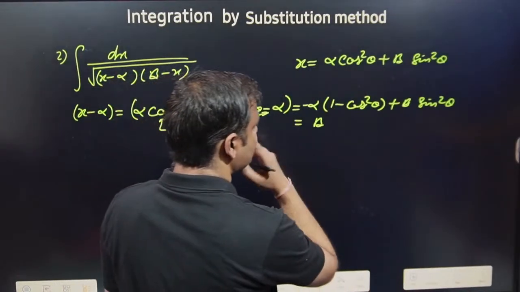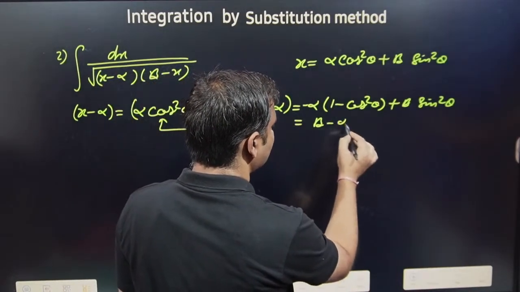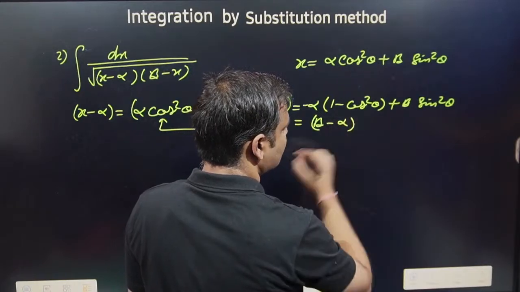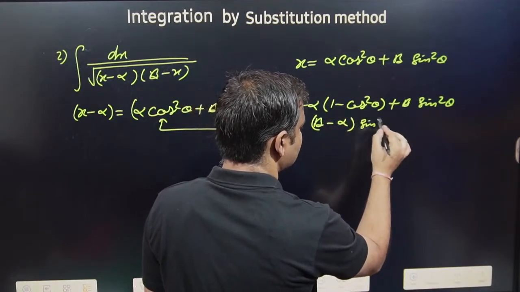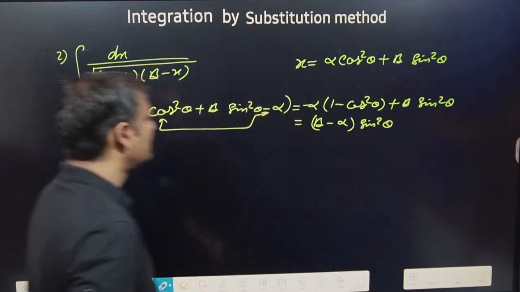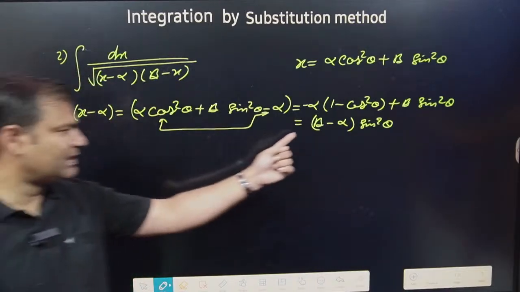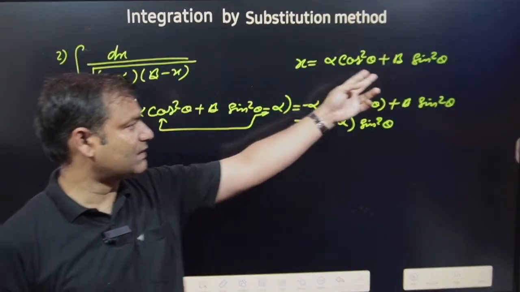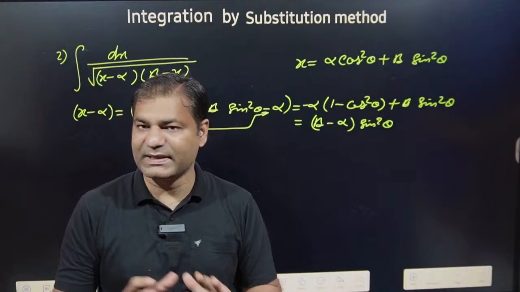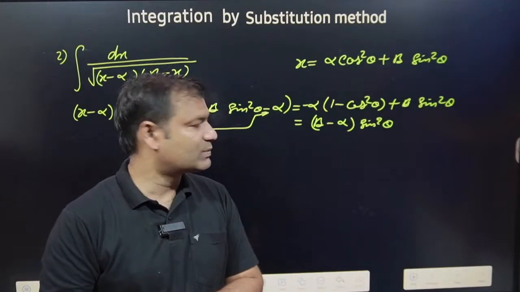So here beta minus alpha into sin square theta. So x minus alpha is replaced by beta minus alpha into sin square theta.